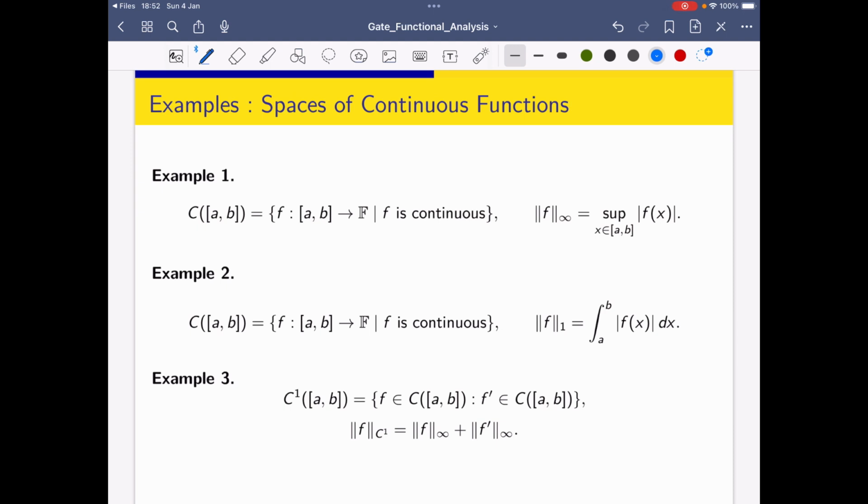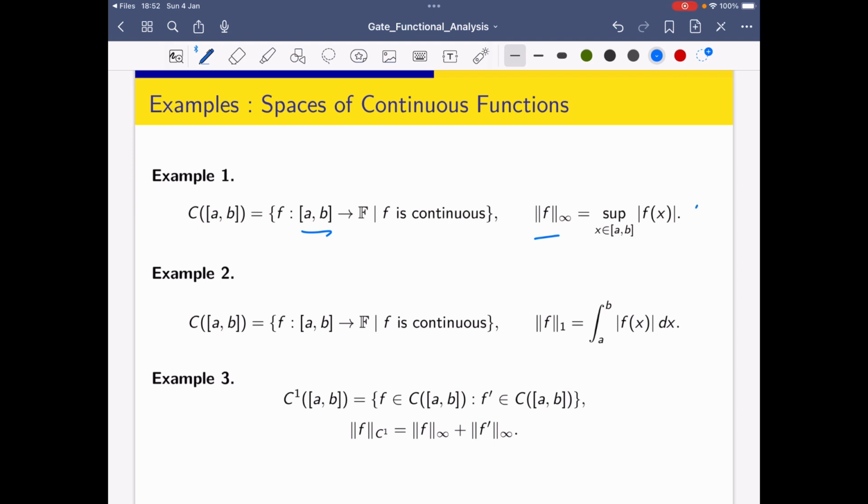So the norm one can define is the supremum norm. Because you know that a continuous function on the compact set [a,b] always has a supremum, right? So you can define the norm of f infinity, which is the supremum of mod of f(x), x in [a,b], right?